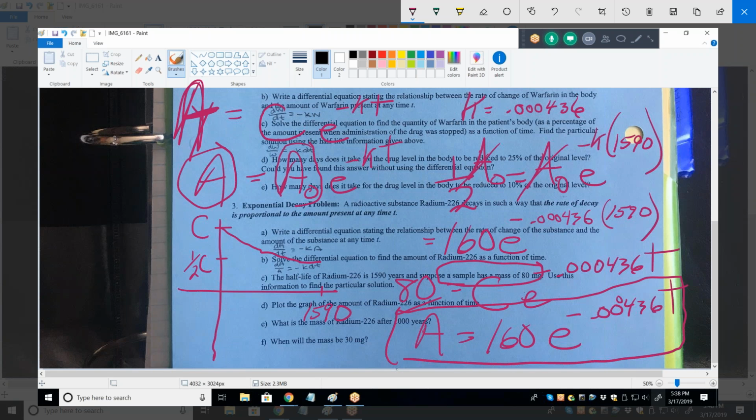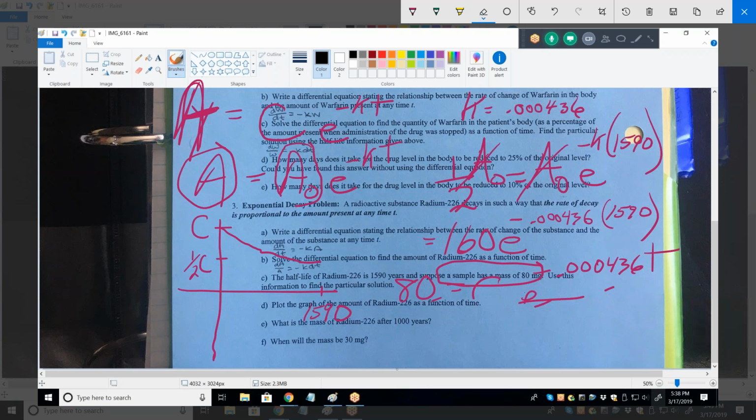I don't get it. And once again, I don't think we have to solve for C to graph the rest of this thing. I'll bet we don't. Watch, we won't have to. In other words, we're going to go with a particular solution that is this: the amount is equal to some constant times e to the minus that.